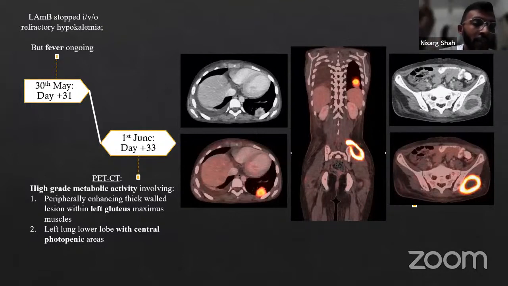One area was the lung lesion, and the other area was the pelvic lesion, the left gluteal region. So there was a peripherally enhancing thick-walled collection in the left gluteus maximus with central area of photopenia, and similar findings in the lung, the left lower lobe lesion with central photopenic area.